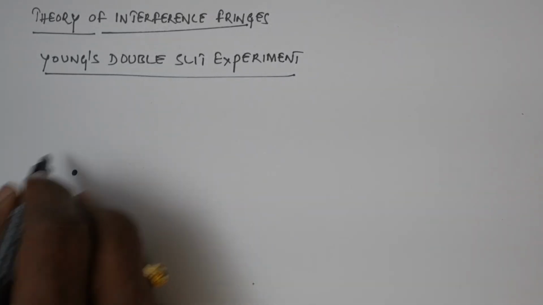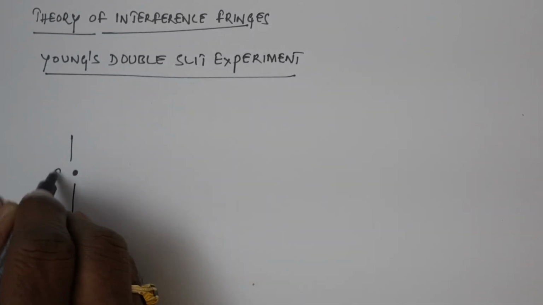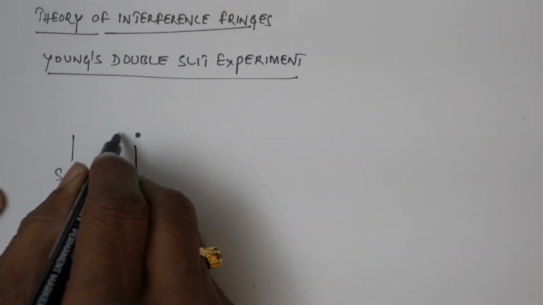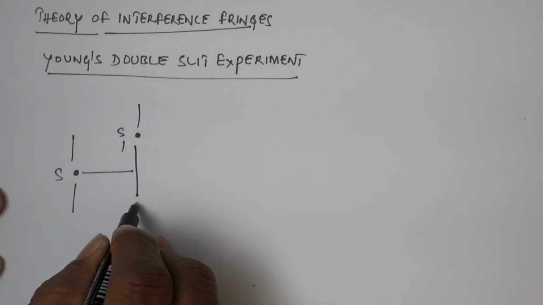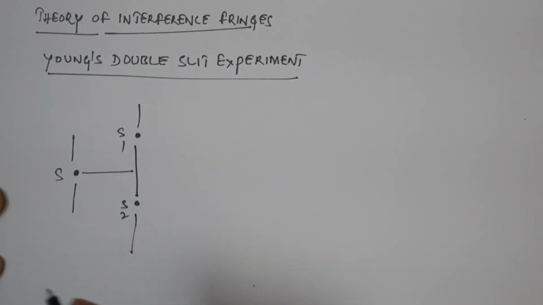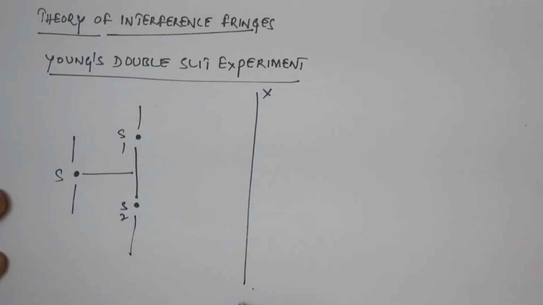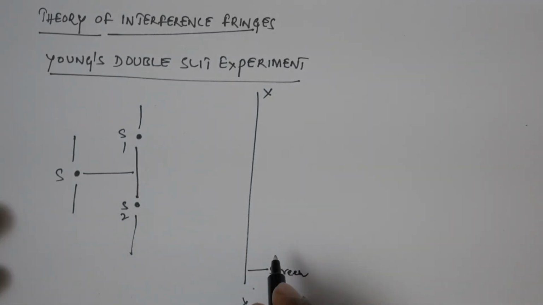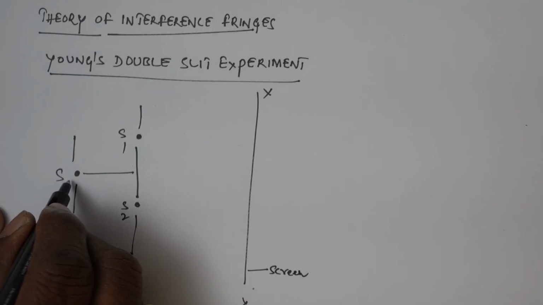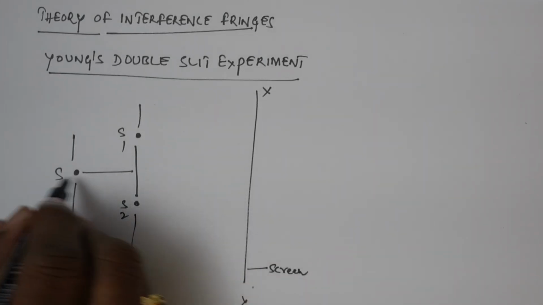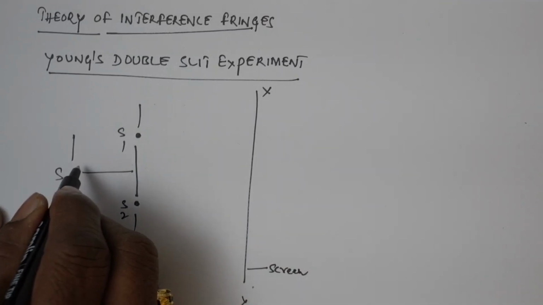Imagine that this is called source of light, and I have two narrow pinholes. They are called S1 and S2. This XY is called the screen. Thomas Young demonstrated that S is the source of monochromatic light, and the wavelets coming out from the source of light are like this.